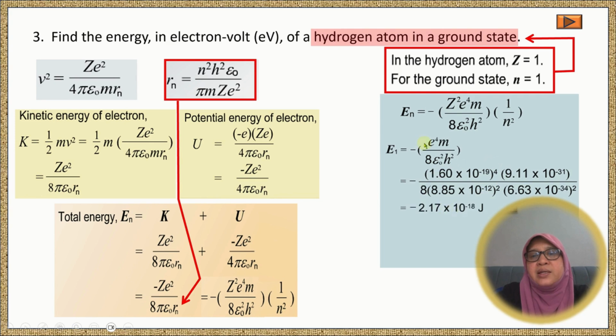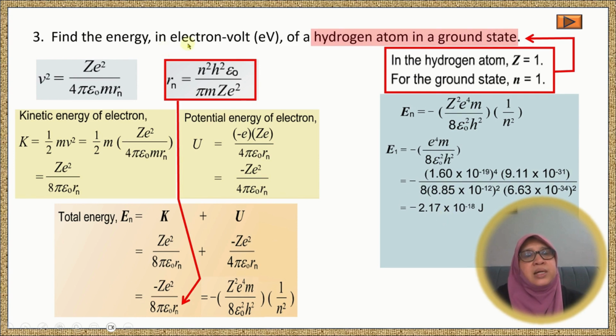The question asks for the energy at the ground state, so we substitute n equals 1 into the equation. The answer is negative 2.17 times 10 to the power of negative 18 joule. So this is the energy in the ground state.